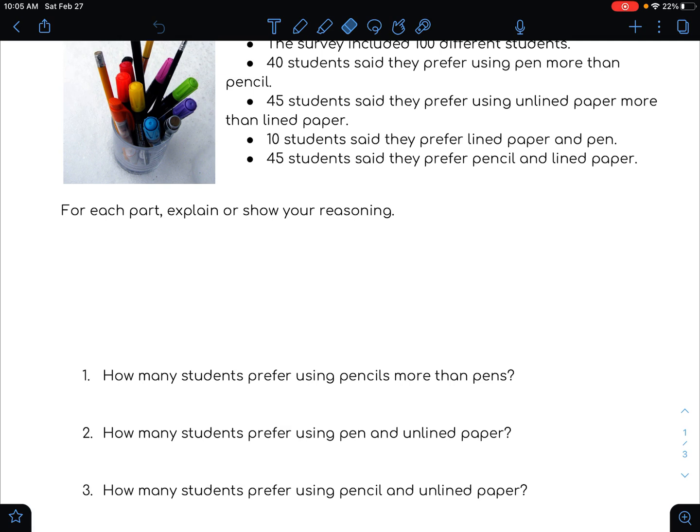You'll notice in this situation that there are really two categories of variables here. We're talking about what they prefer to write with and what they prefer to write on. What do they prefer to write with? Either a pen or a pencil. What do they prefer to write on?